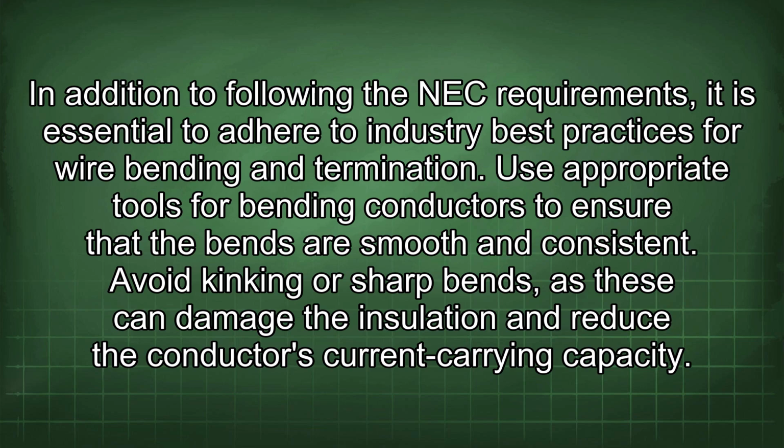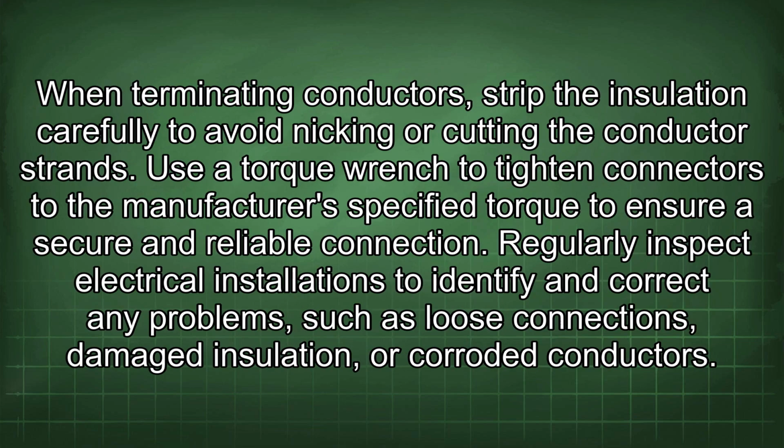In addition to following the NEC requirements, it is essential to adhere to industry best practices for wire bending and termination. Use appropriate tools for bending conductors to ensure that the bends are smooth and consistent. Avoid kinking or sharp bends, as these can damage the insulation and reduce the conductor's current carrying capacity. When terminating conductors, strip the insulation carefully to avoid nicking or cutting the conductor strands.